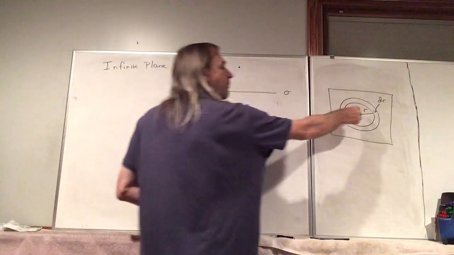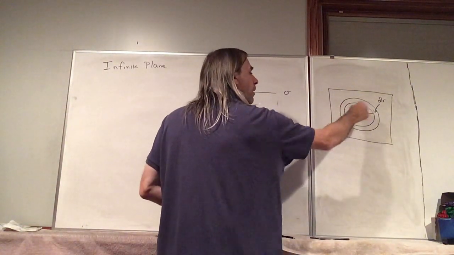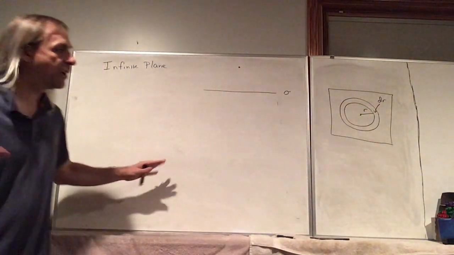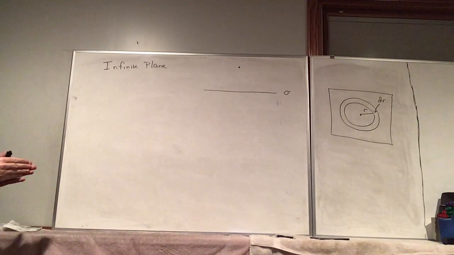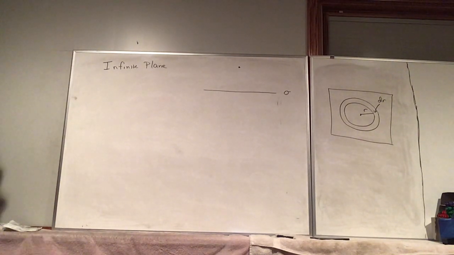We'll have a very small ring here and then another one around it, and they're going to perfectly cover the plane. So we're going to find the electric field due to that ring, and then integrate from r equals 0 to infinity.